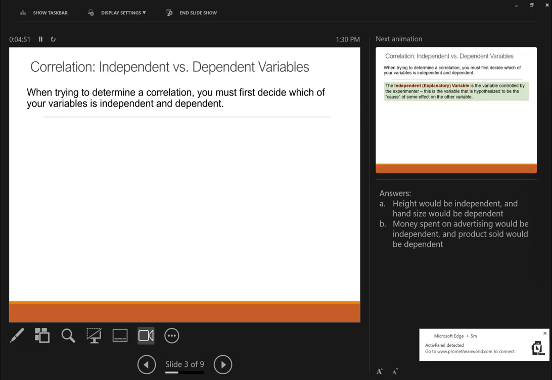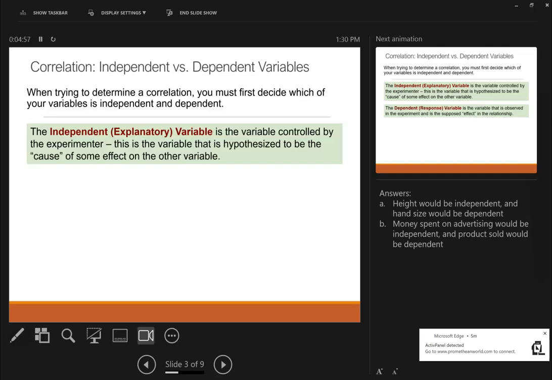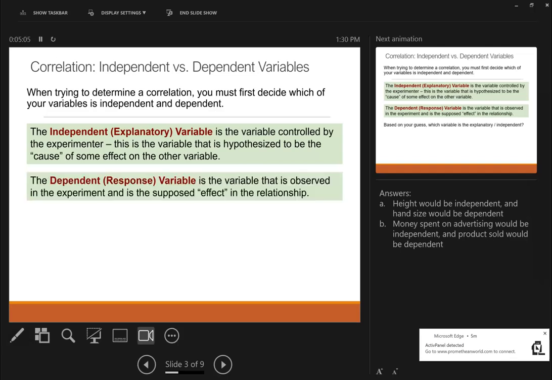So before you can talk about correlation, you need to choose an independent and dependent variable. So the independent variable is like the cause, and the dependent variable is like the effect.